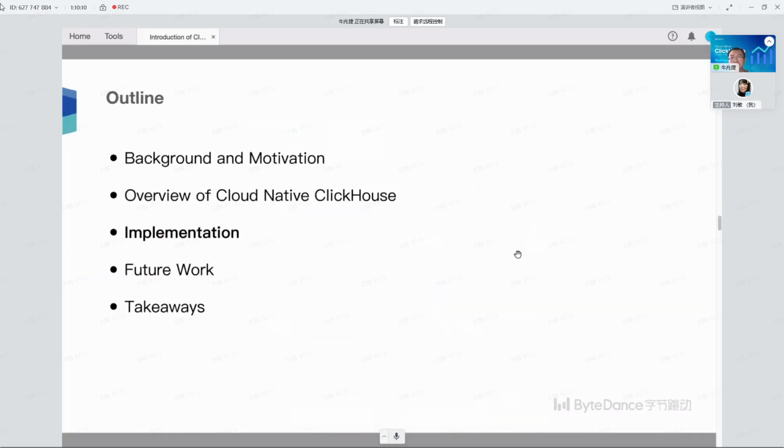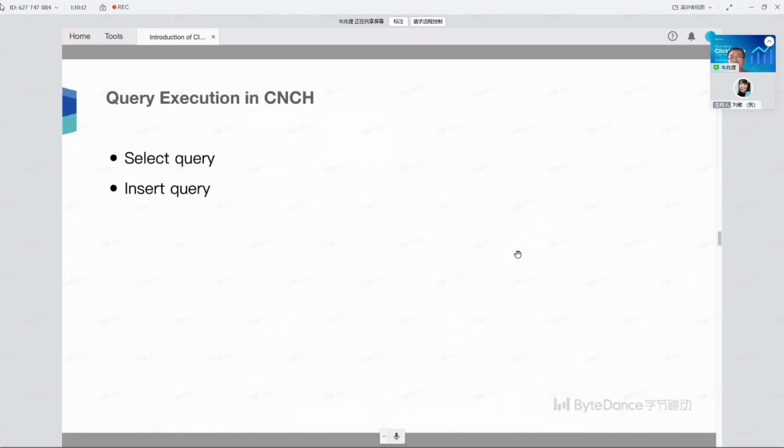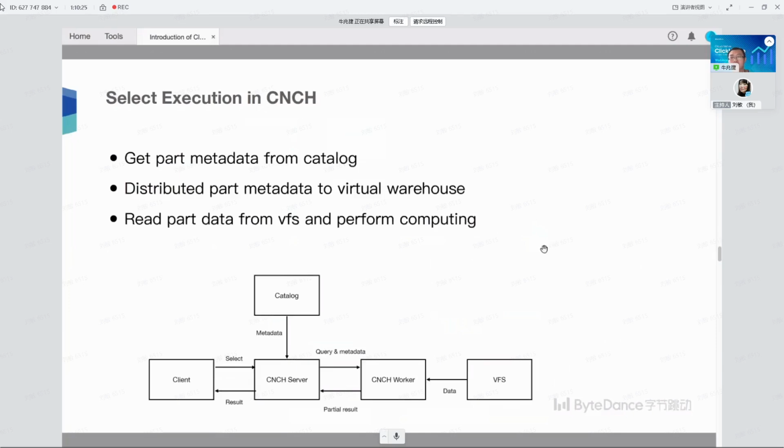Let's take a look at some more implementation details. First, let's look at how a query is executed in CNCH. A select query, which means read, mainly consists of three steps. When the CNCH server receives a query from the client, it will get the metadata, which is the parts, from the catalog.